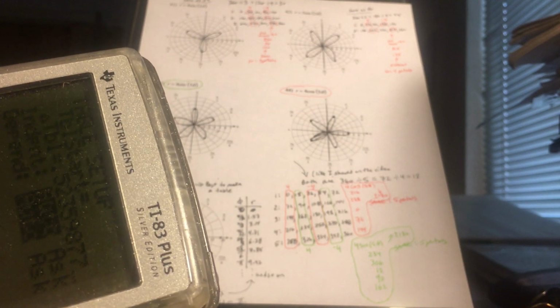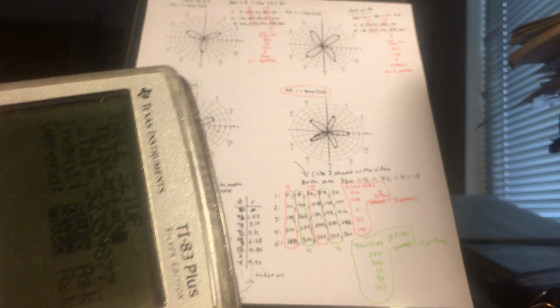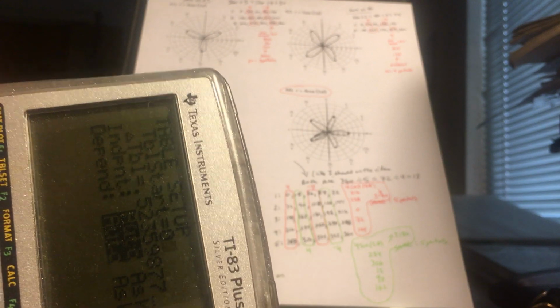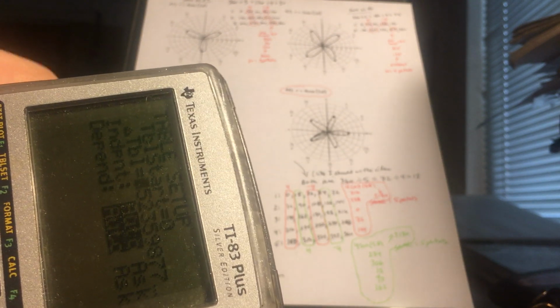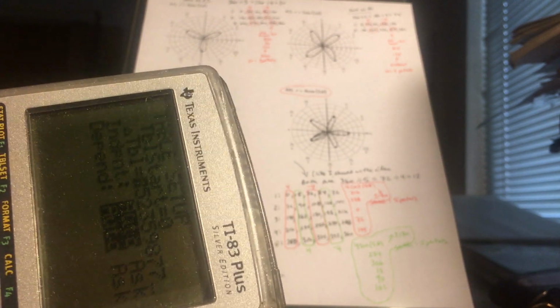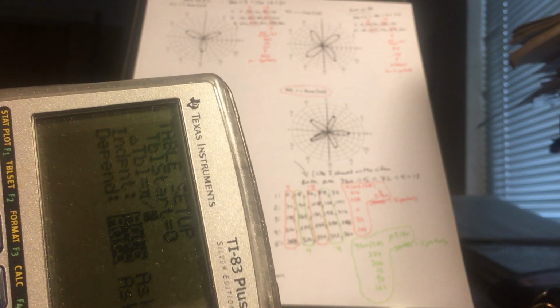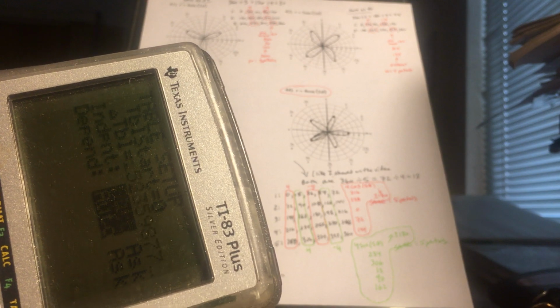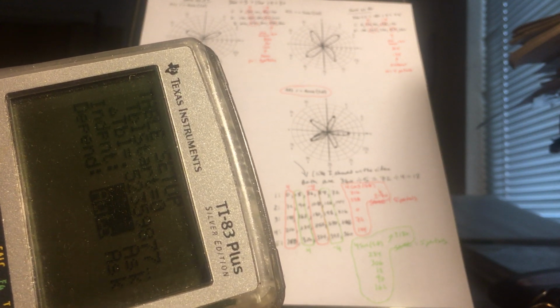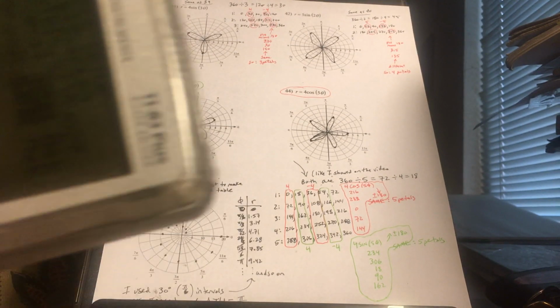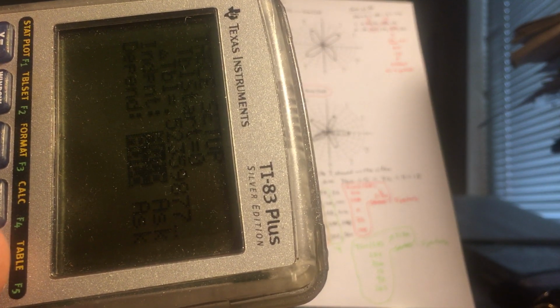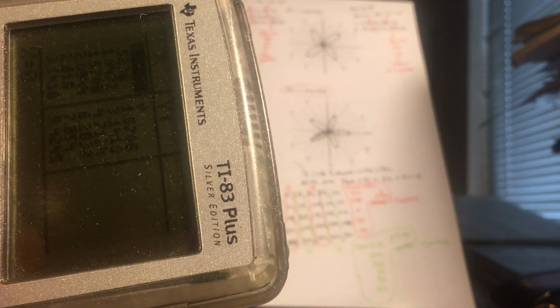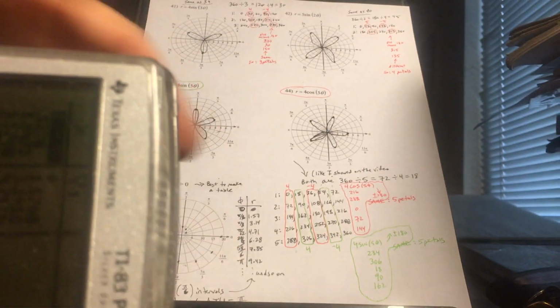And then I did, what did I do? Pi divided by 6, which will change to the decimal that you saw there, right? Okay, so now we're good to go. So then we just go to the table, right, table, and we got these numbers. And so that's what those are.